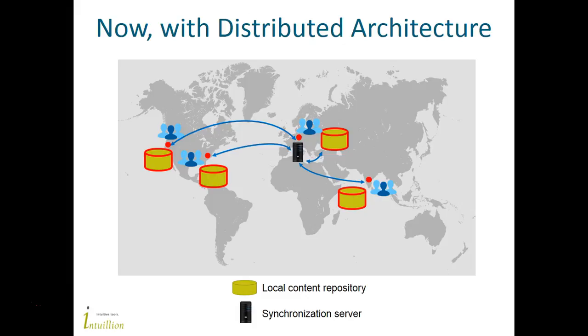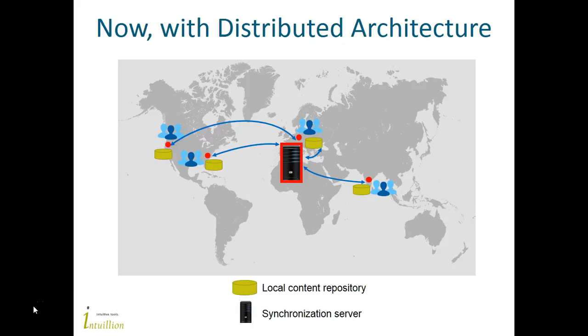To synchronize local content repositories and ensure that all the teams are working with the same content, a synchronization server is set up. The synchronization server is silently running in the background and is continuously synchronizing all local repositories.